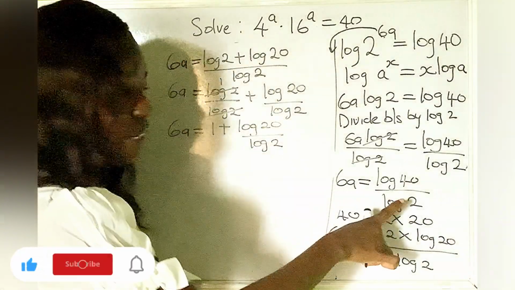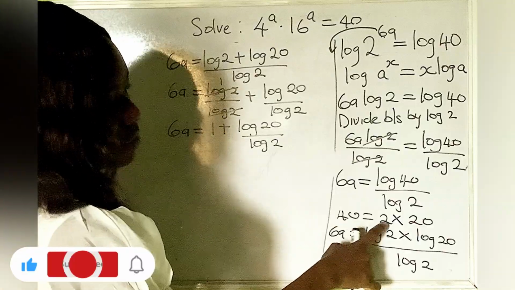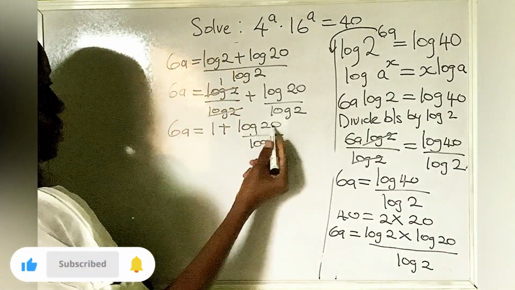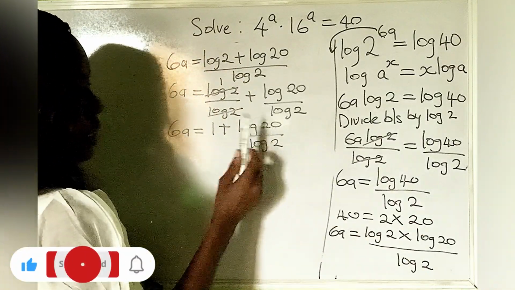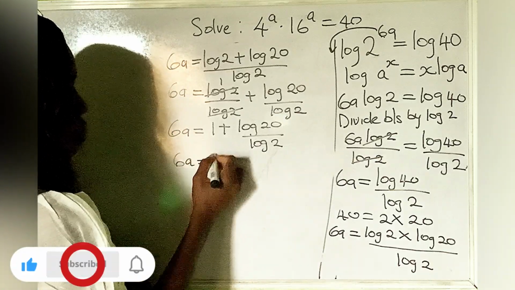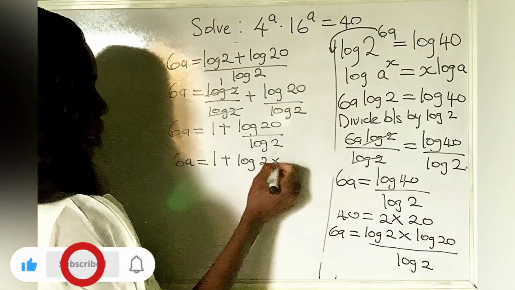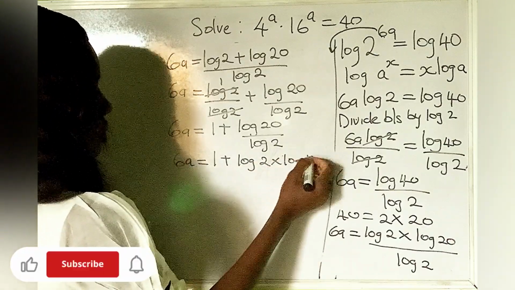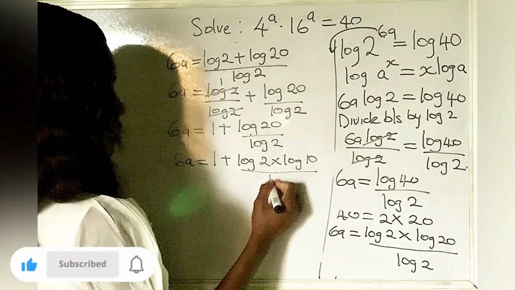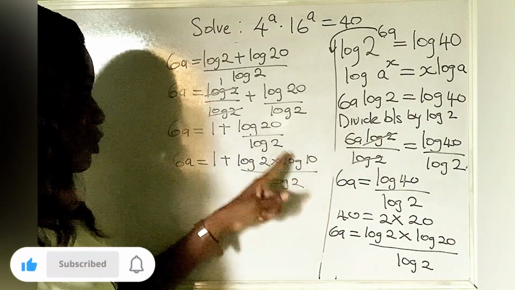Just like we did here with rewriting 40 as 2 multiplied by 20, let's rewrite 20 like this. We say 6a is equal to 1 plus log of 2 multiplied by 10, over log 2. 2 multiplied by 10 is going to give you 20.